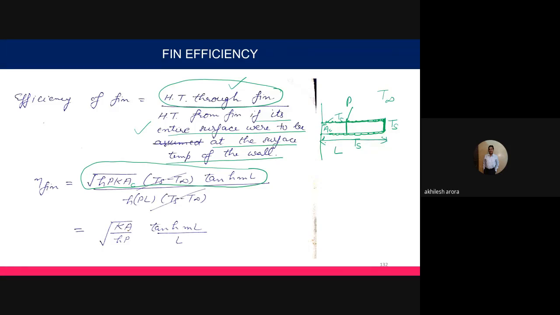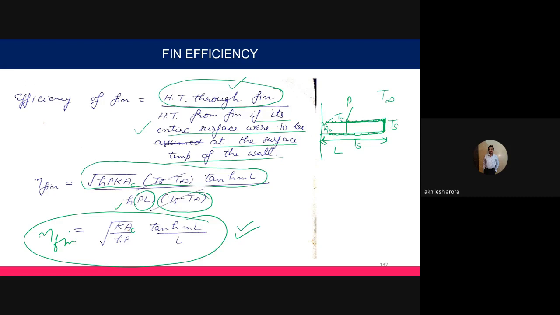So the area through which the fin is losing heat is P into L, h into Ts minus T infinity, because Ts is the surface temperature of the fin. You can see certain terms will cancel out and we are left with under root KAC by hP, tan hyperbolic ml divided by L, and this is the value of the fin efficiency. Both these terms are very important in case of fins.